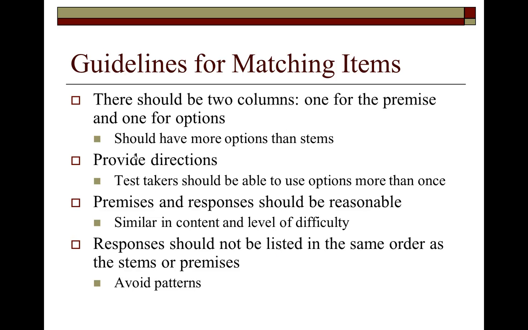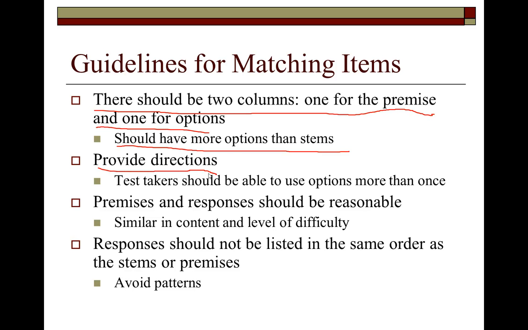Some more guidelines to be able to put together matching items. There ought to be 2 columns, just for the sake of functionality. One for the premise, the other one for the options. And obviously, like we've said before, ought to have more options than stems. And also provide some directions. I can remember growing up, some of our instructors would give us matching items, and we were supposed to draw a line from one of the premises to the options there.